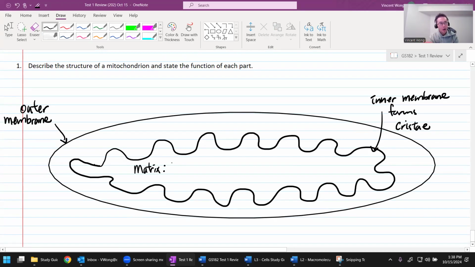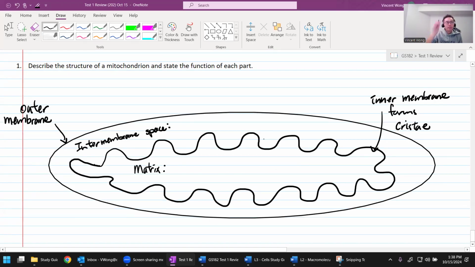So by now, you should know what happens at each of these locations. Oh, I forgot the intermembrane space. Okay, so tell me, guys, which process or processes take place in the matrix?